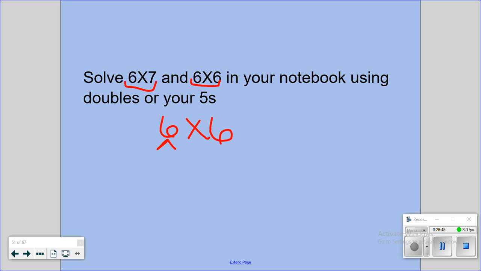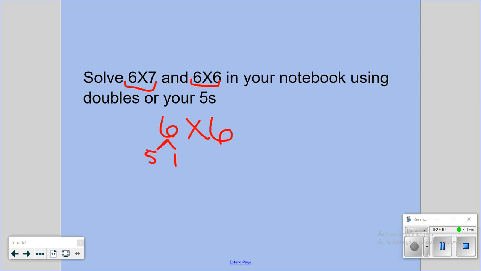Are we going to be maybe using it for like higher grades? Like 100%. So I'm going to break apart my 6 into 5 and 1. Could I break apart it into something else? I can do 2 and 4. 2s are easy for me, but 4s are not easy for me. So I don't choose to do 2 and 4.